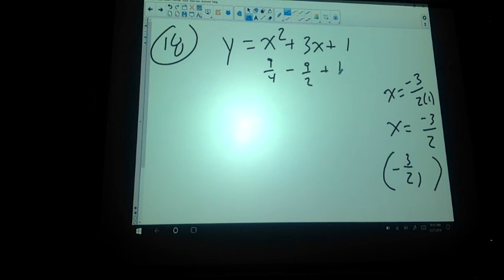Let's put them all over 4. 9 over 4 minus 18 over 4 plus 4 over 4, excuse me. Alright, that's negative 9 plus 4, which is going to be negative 5 over 4. And I think that's about as far as I really want to go on that one. I wouldn't worry about graphing it because yuck.